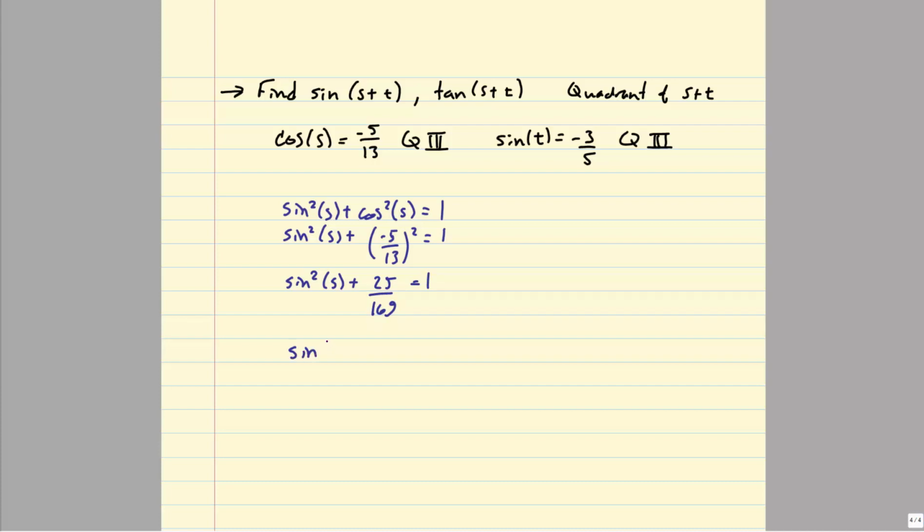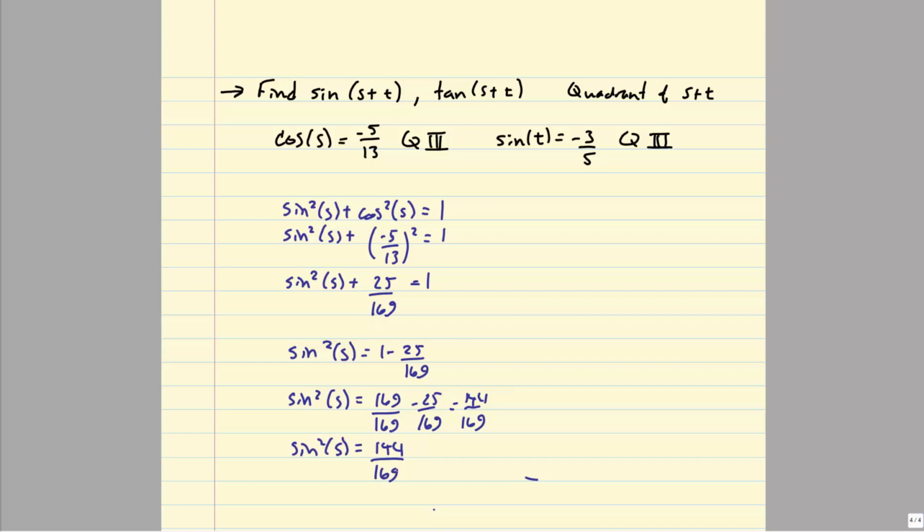Solving for sine squared of s, I'll get 1 minus 25 over 169. Finding a common denominator, would be 169 over 169 minus 25 over 169 equals 144 over 169. So that would mean sine squared of s equals 144 over 169.